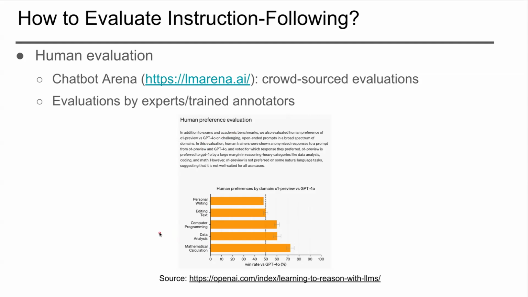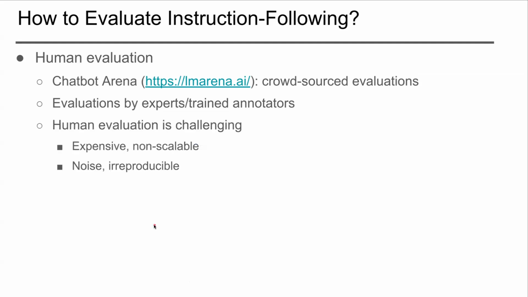For example, I took this from the OpenAI website, where they compared their recent model o1-preview with GPT-4 using expert annotators. And on some tasks like mathematical calculations, they see huge performance improvement, whereas on tasks like writing, they don't see as much improvement.